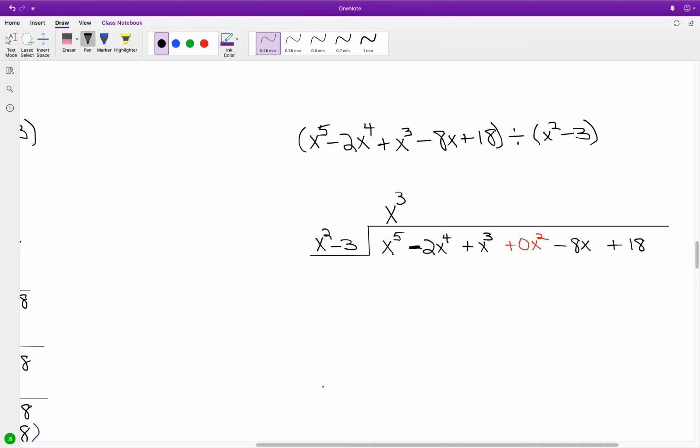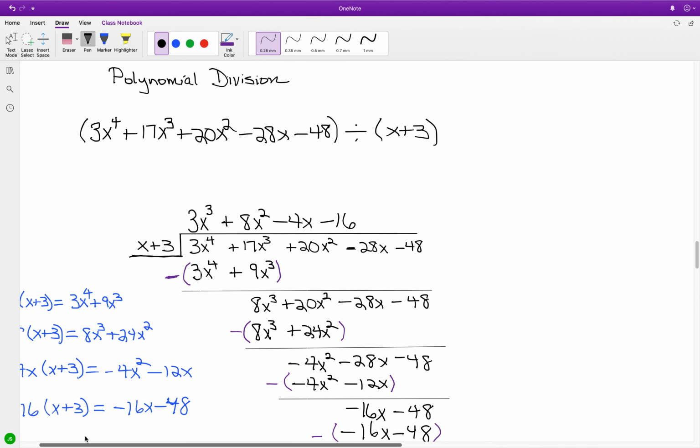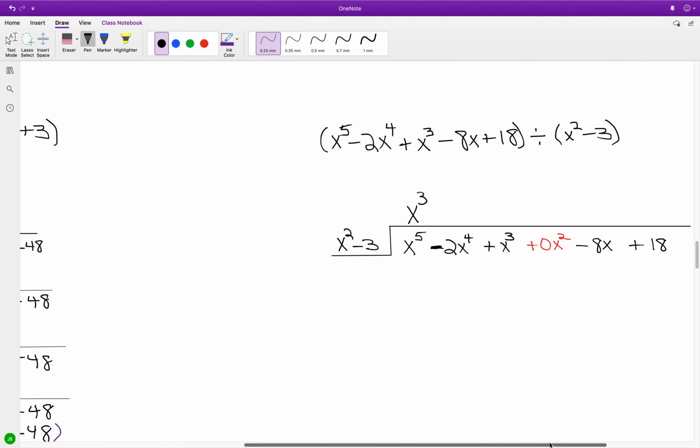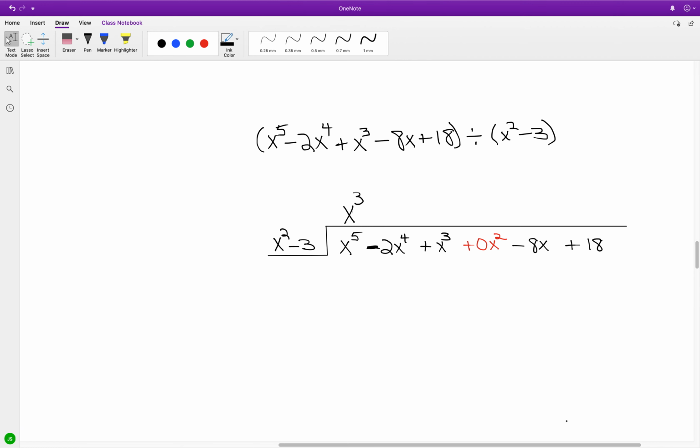And again, just like what I did at the far left in the process, first term times the divisor, and you have the resulting products that will be lining up at each stage. Now we have x cubed times x squared, which will be x to the fifth, and x cubed times negative 3, which is going to be negative 3x cubed. So that is going to go underneath the x cubed.